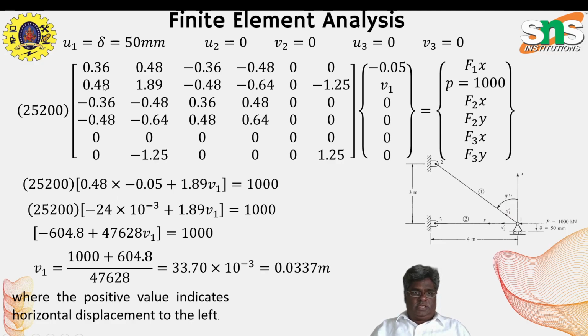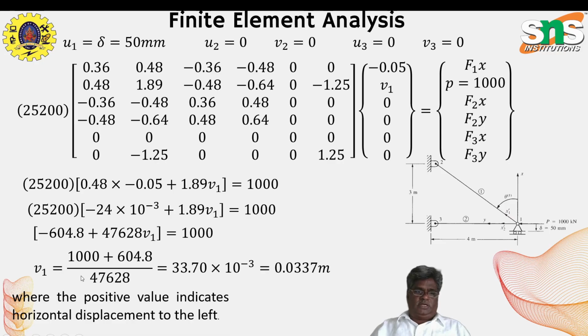into 0.8 into minus 0.05, 1.89 into V1 equal to 1000. So next 25,000 into minus 24 into 10 power minus 3. So we obtain the value minus 604.8 plus 25,000 into 200 into 1.89, 47,628 into V1.